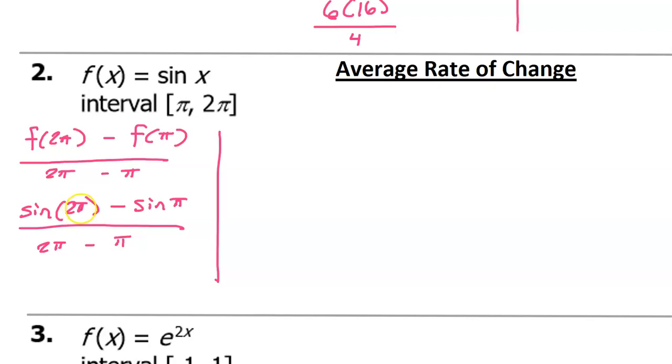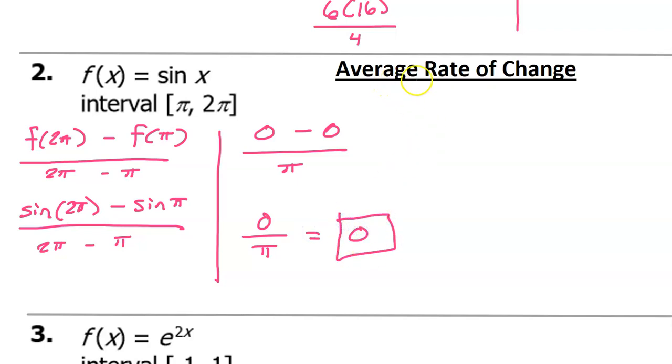The sine of 2 pi, which is the same as the sine of 0, is 0. And the sine of pi is also 0. 2 pi minus pi is just pi. So that's going to give us 0 over pi, which is equal to 0. So that is the average rate of change.